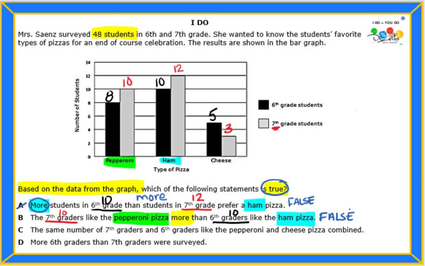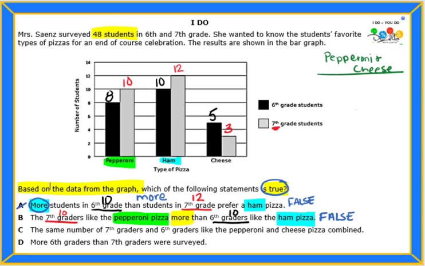So our next statement says, the same number of 7th graders and 6th graders like the pepperoni and cheese pizza combined. Okay, so let's go ahead and make a little note over here. We want pepperoni and cheese.